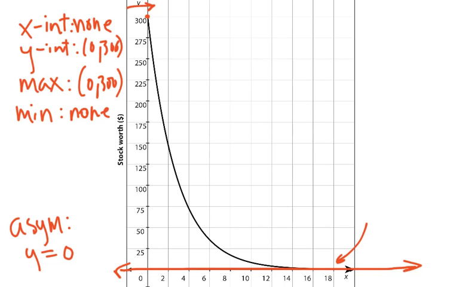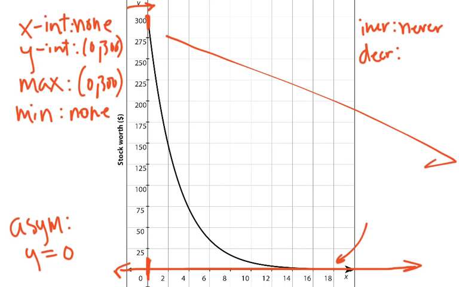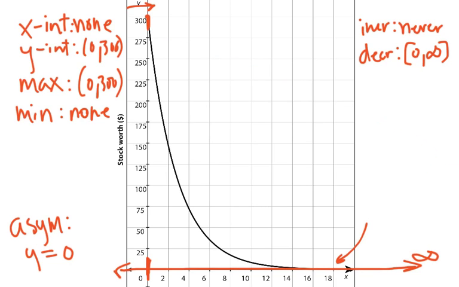Okay? Now as we look from left to right, we should realize it's never increasing, so it's always going to be decreasing. Well, from what point to what point? Where x equals 0 is where we start, and then it just keeps going down until we get out here to infinity. So it would be from 0 to infinity, which consequently is all our x values.